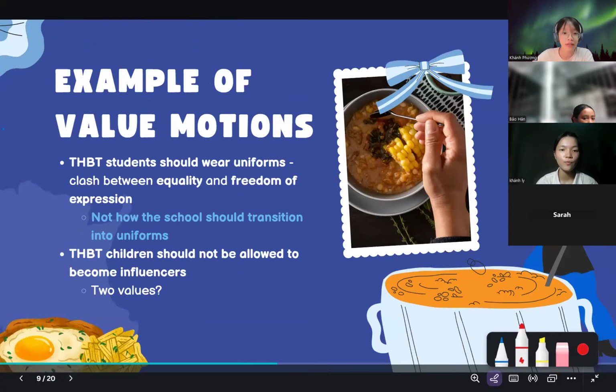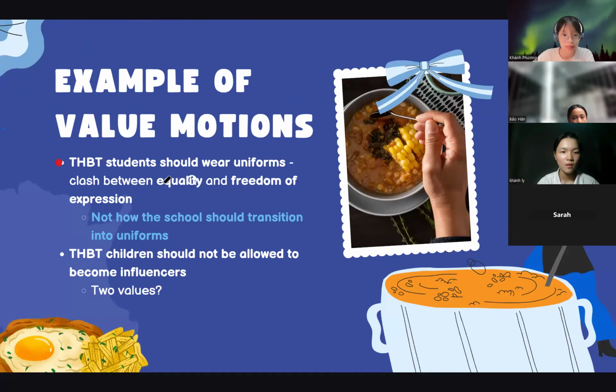Okay, so I will explain this in the example here. Example number one: this house believes that students should wear uniforms. So this is a clash between equality, like wearing uniforms promotes equality, and freedom of expression.